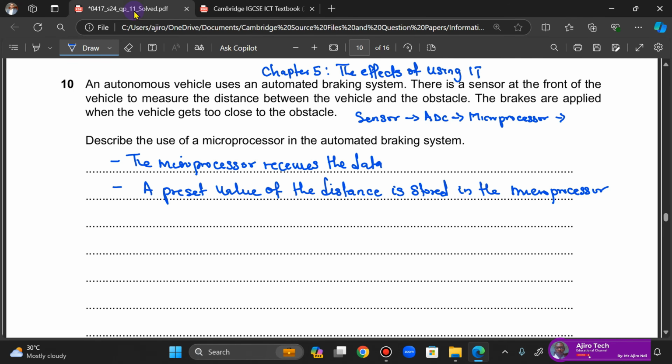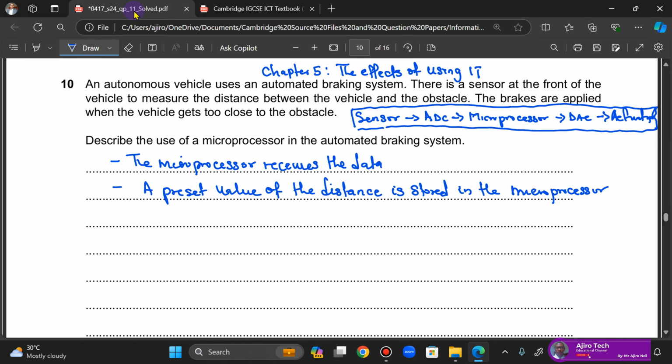Okay, we have DAC, and then we have the actuator. So this is the structure. This right here is the structure. So it's very important that you pay attention to this. Okay, so a preset value of the distance is stored in the microprocessor.